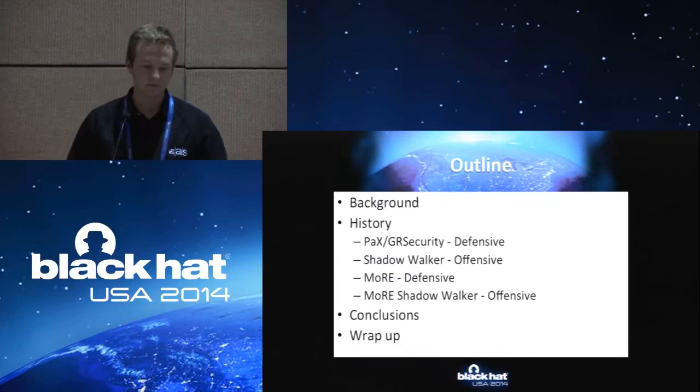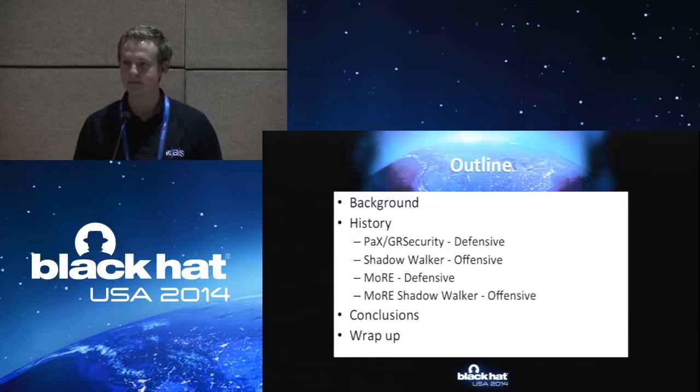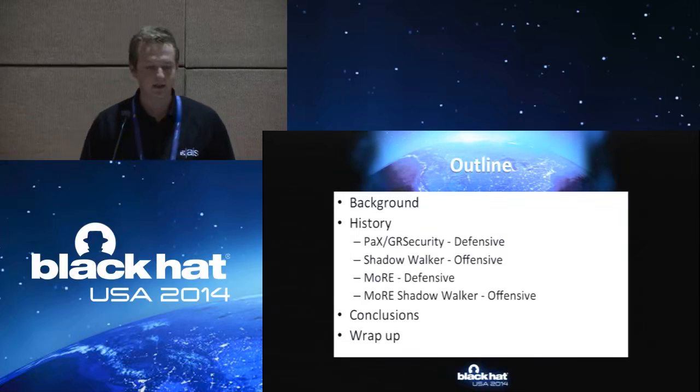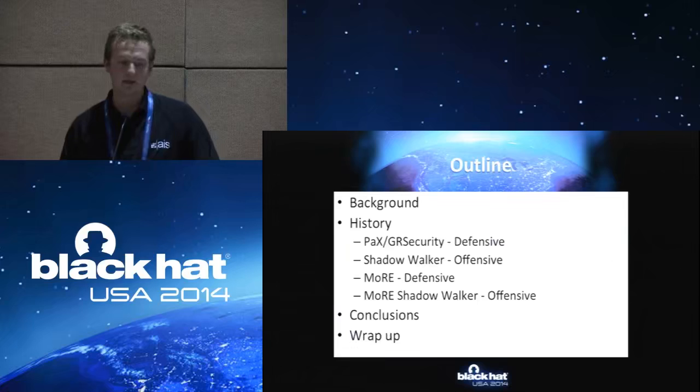Let's go on. I'm going to give a little bit of background about what TLB splitting is and how it works, and then a little bit more about how the operating system and x86 support keeping you safe from rogue applications and malware, or don't, as the case might be. Then a little bit of history about PaX and grsecurity, a defensive tool from back in 2000, and Shadow Walker, an offensive tool from about 2005.